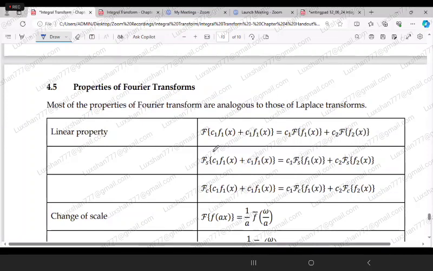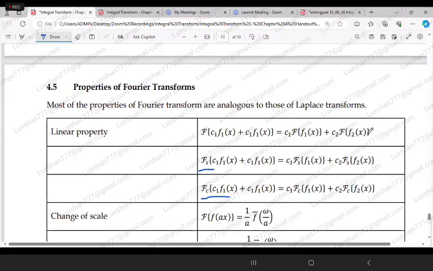Okay, so here I have put a table. From this table you can understand that Fourier transform actually satisfies the linearity property. Not only Fourier transform, Fourier sine transform, as well as Fourier complex transform.